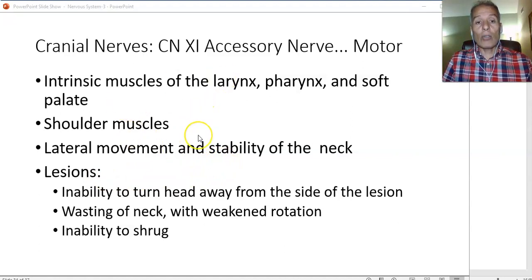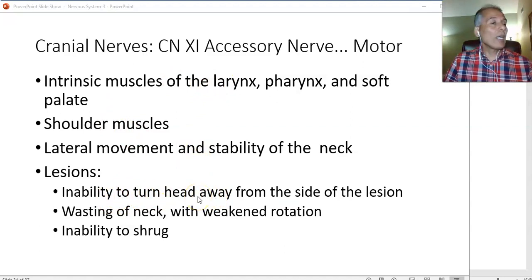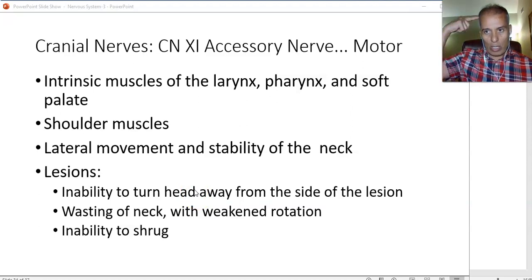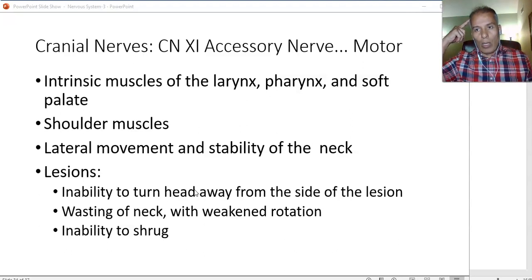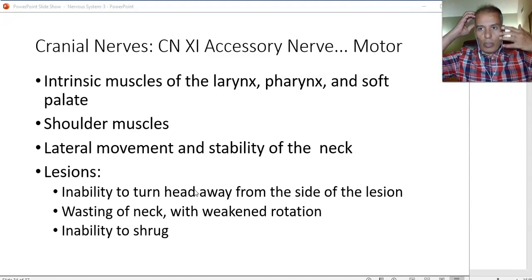Lesions and also again shoulder movements. Lesions cause inability to turn the head away from the side of the lesion. Say there's damage here in this nerve and this hemisphere. So that means the left side is damaged. That means this muscle is the one that is damaged.